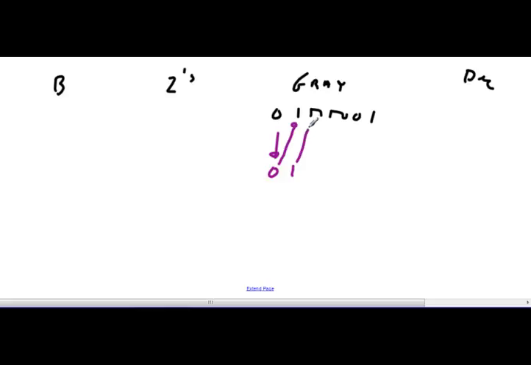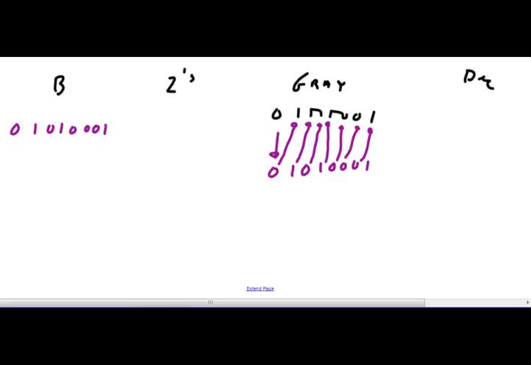Take that answer, exclusive OR with the next guy, get a 0. Then get a 1, then a 0, then a 0, then a 0, then a 1. That's 8 digits. So my binary is 0, 1, 0, 1, 0, 0, 0, 1.